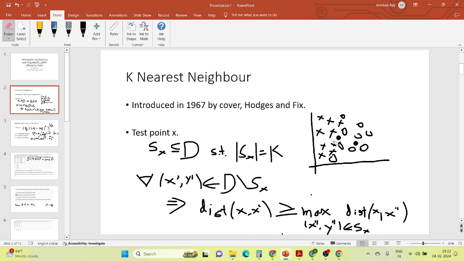I want to know whether this is an x or an o. As I'm taking k equal to 1, this is the nearest point, so it should be x, right?